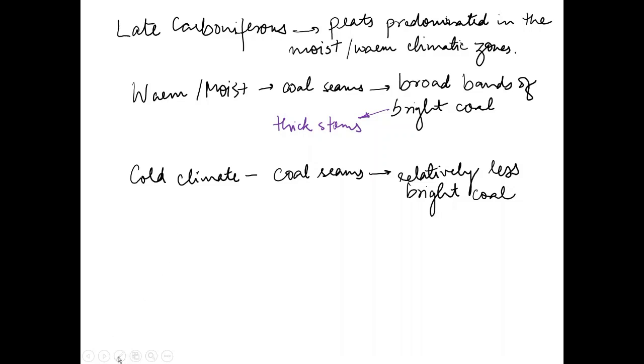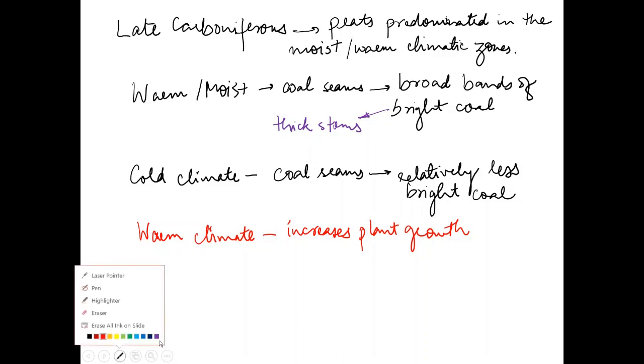Now, as discussed, the warm climate not only increases the plant growth but also the rate of decomposition. So, on one hand, warm climate is good for the growth of plant, so it increases plant growth. On the other hand, the warm climate also supports the rate of decomposition.